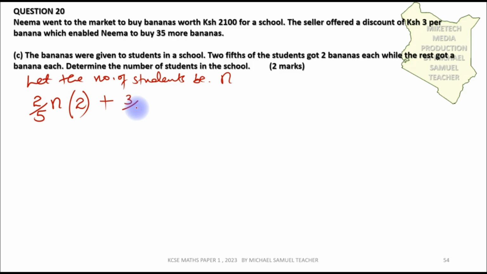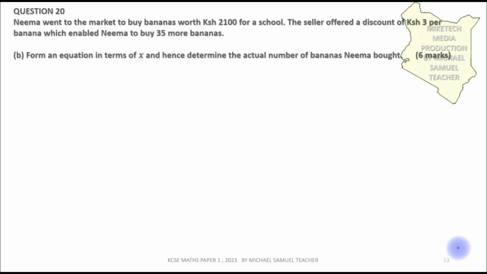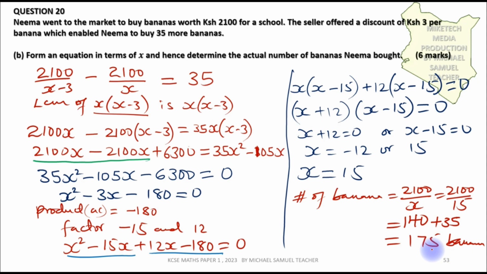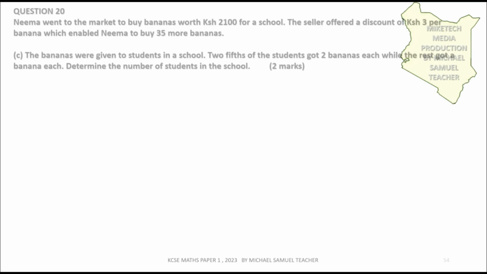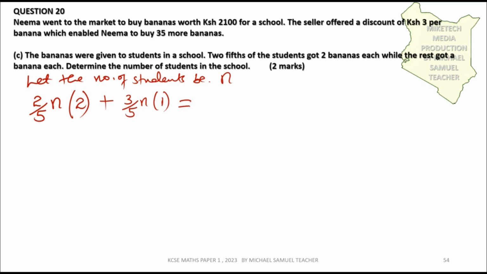So 3/5 of the students times 1 banana each. And remember, the total number of bananas we got was 175, the total number after the discount.